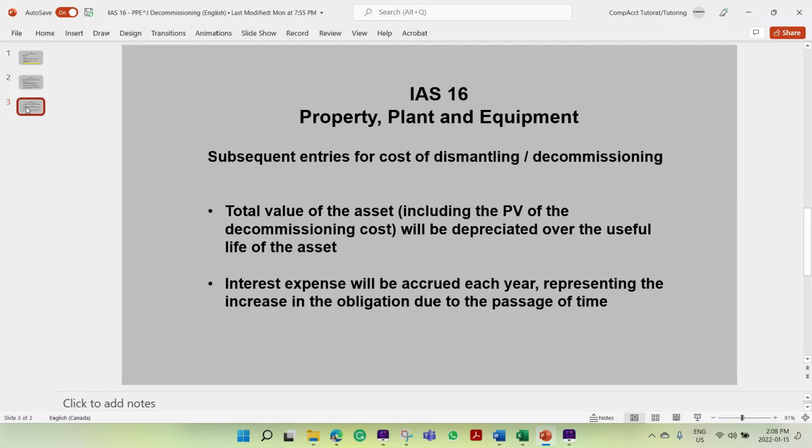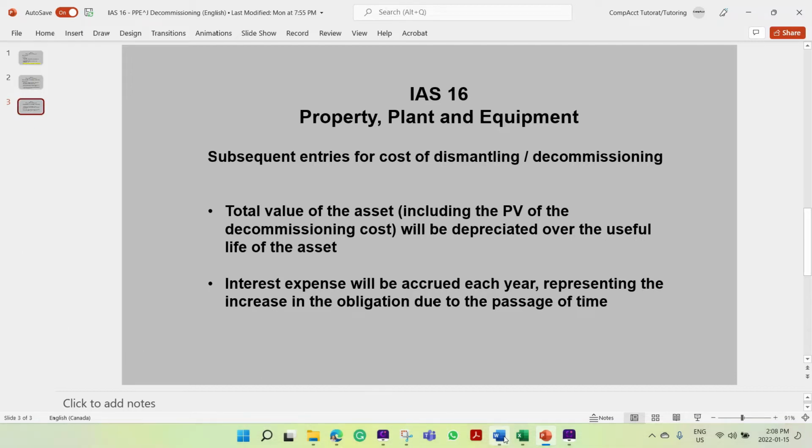So you got to build the amount of the present value up to the amount estimated. Okay, so as you're building that up, you got to recognize those charges as interest expense. So that's how we do it when we're recording in the journal.